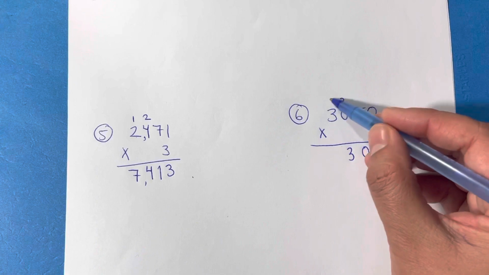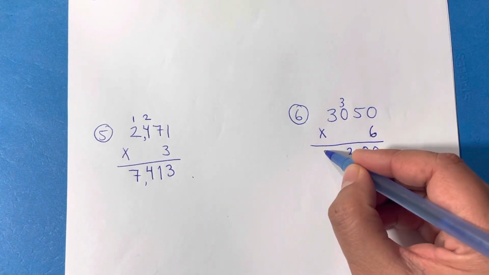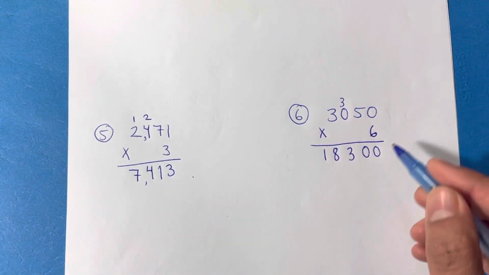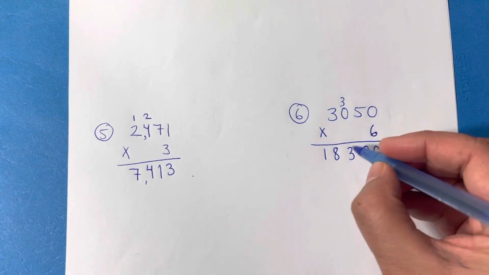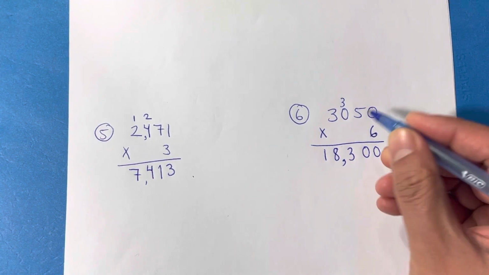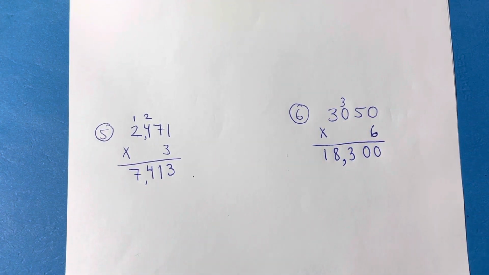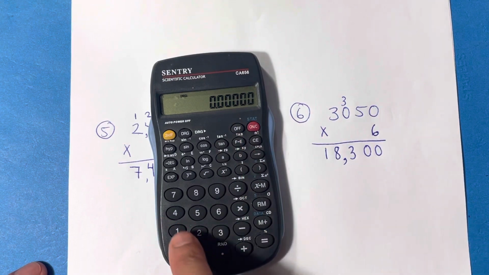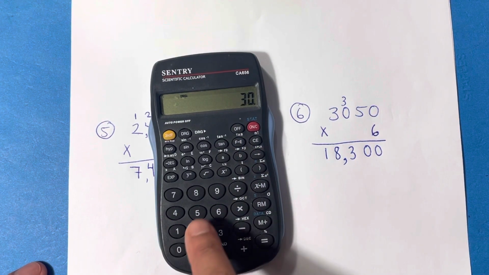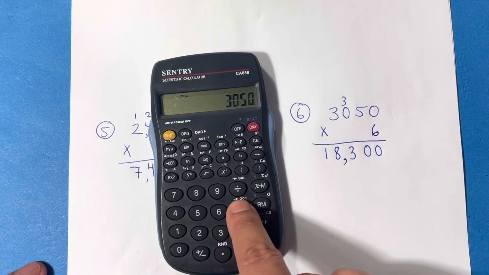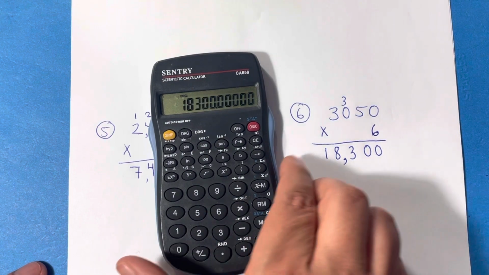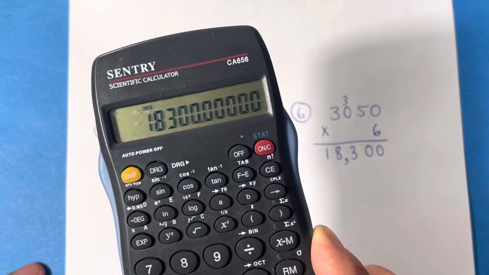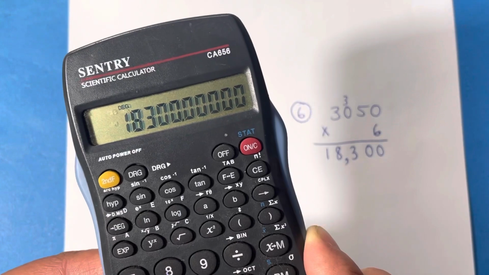And since we don't have anything to add and it's the last number, we just put the entire 18. We count 1, 2, 3 and put the comma in here. So 3,050 times 6 is 18,300. Let's check. And again, I'm sorry that it has all those numbers. Times 6. There it is. 18,300. And then the decimal.